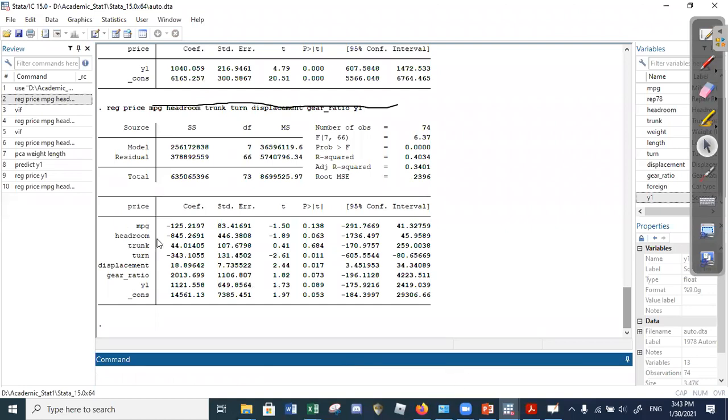So you see, if you fit a model like this, then all other variables are there except weight and length, because weight and length are actually replaced by the combined variable y1. And this is one particular remedy that is usually suggested for controlling the problem of multicollinearity.